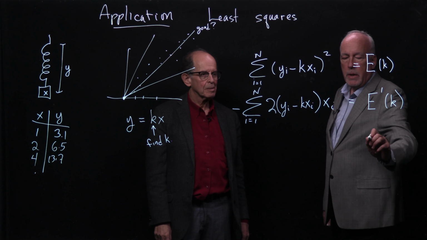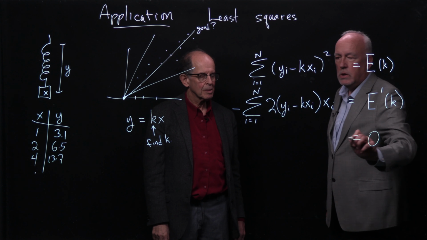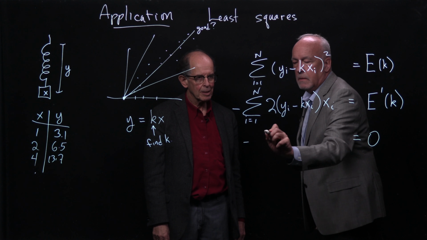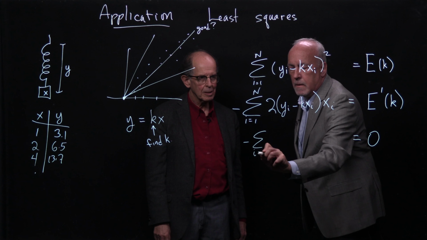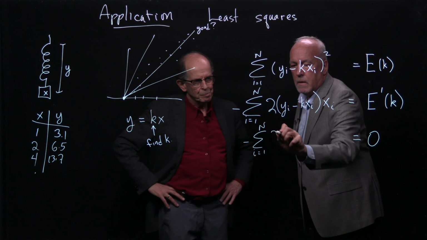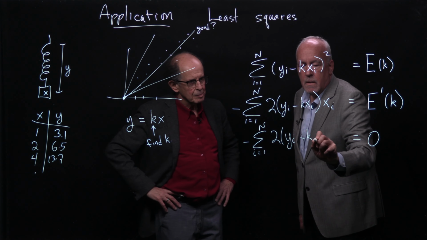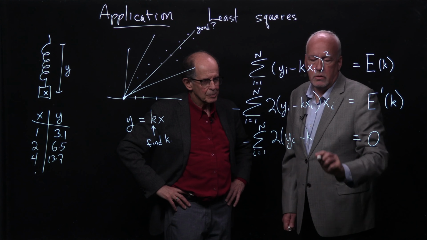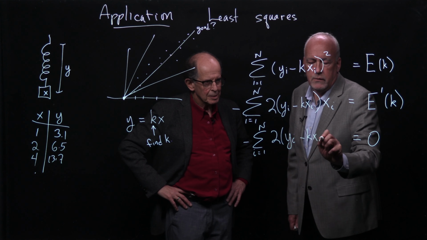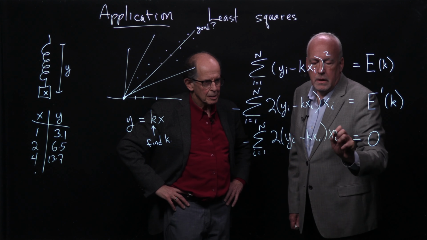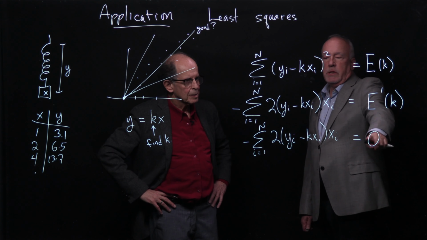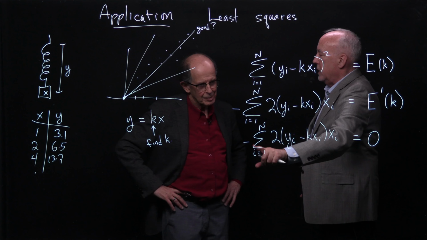Now, the minimum happens when the derivative is 0. So I get this formula. I'll just copy it down line for line. For this to be equal to 0, the minus sign doesn't matter. Plus or minus 0 doesn't matter.